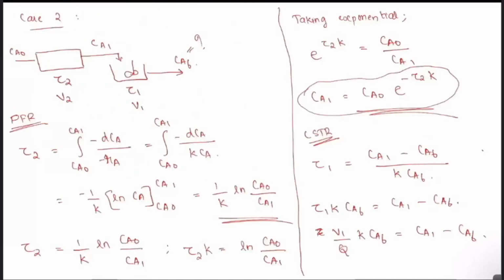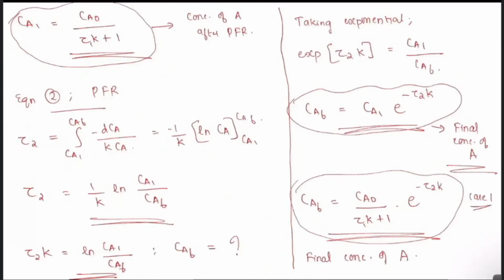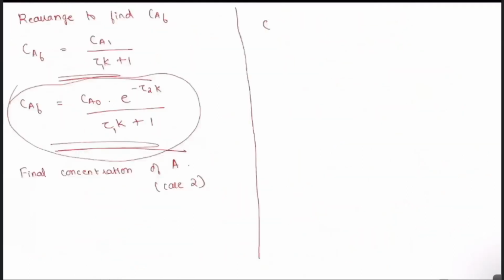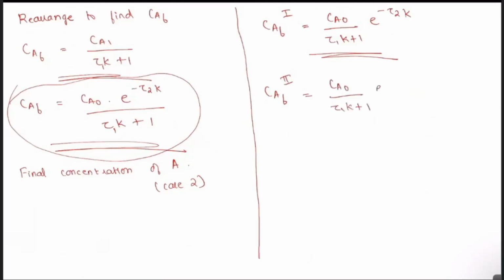So for case 1, CAF case 1 is equal to CA0 by tau 1 K plus 1 e raised to minus tau 2 K. And for case 2 also, CAF is equal to CA0 by tau 1 K plus 1 e raised to minus tau 2 K. So from this, we can see that both of these are the same.